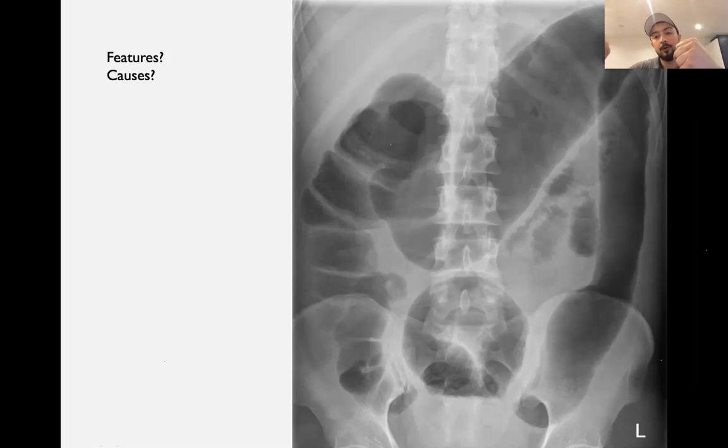So when these muscles relax, you will have a much more dilated, featureless and smooth colon that looks completely like a pipe, very straight with no folds at all. So that's why you have these features in IBD. You don't always find them all together. You may just find some thumbprinting, or you may find just the lead pipe. So it's very important to keep an eye on that as well.